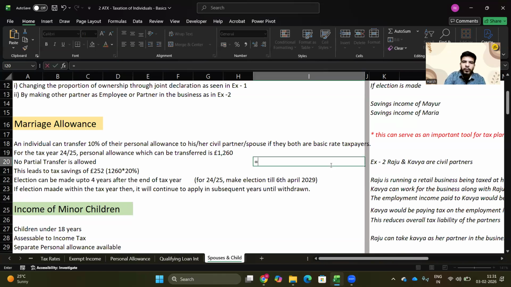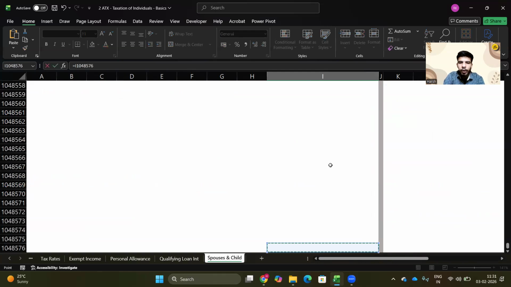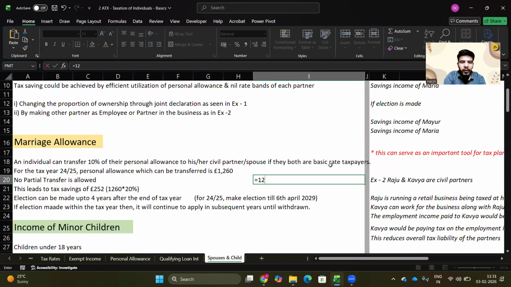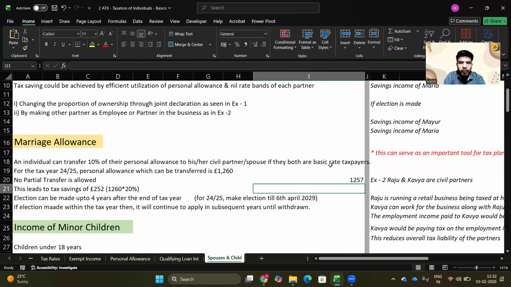So 12,570 is our personal allowance, and 10% of it can be transferred. It is 1,257, so they say a round figure of 1,260 pound.